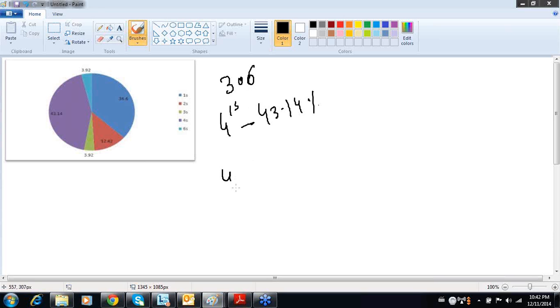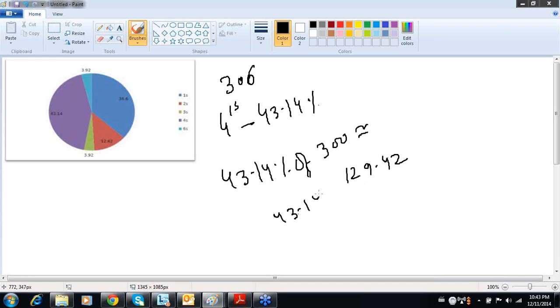What you do is you calculate 43.14% of 300, which is 43.14 into 3, that will be 129.42, and 43.14% of 6 will come out to be around 2.58.